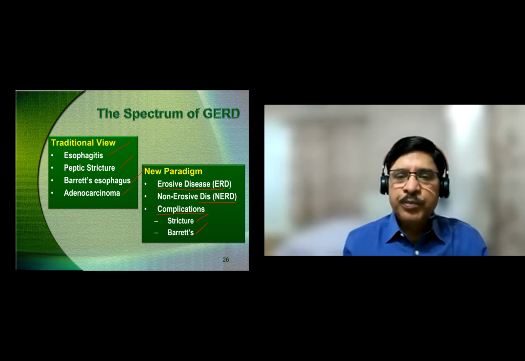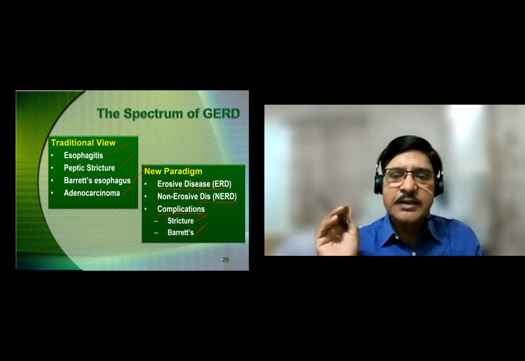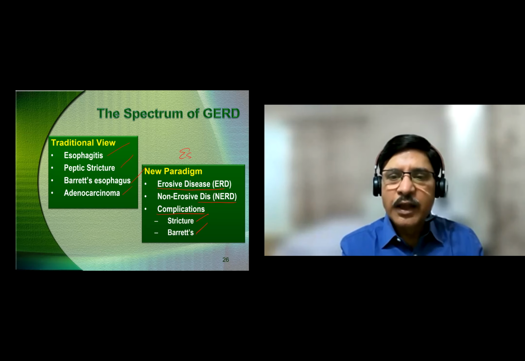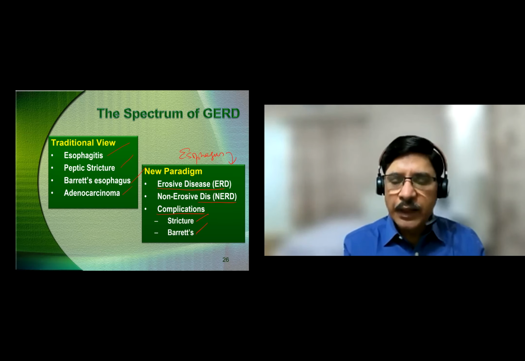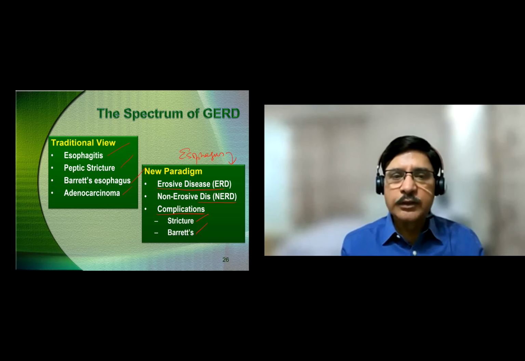Is it erosive reflux disease, non-erosive reflux disease, or stricture and Barrett? Where do I look for this? In the esophagus. These are the changes in the lower esophagus, lower 1/3.